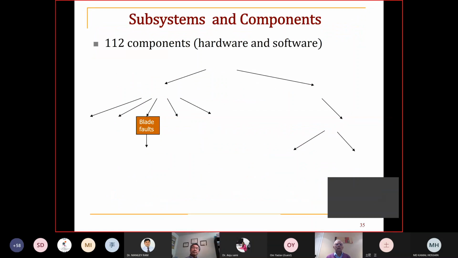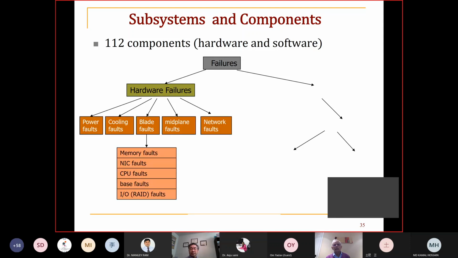So then I started to ask them what components in the system can fail, both hardware and software. And there turned out to be 112 components. These component failures can be divided into the hardware side and the software side. On the hardware side, there is a power subsystem, and components within the power subsystem can fail. There is a cooling subsystem, and components within that can fail.